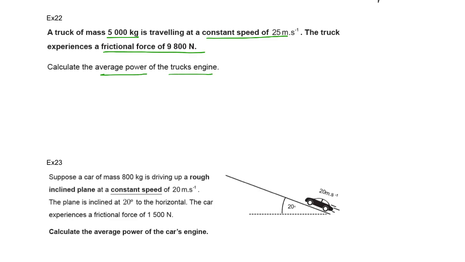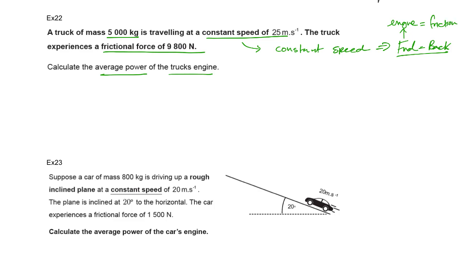So when I'm looking at this, I understand that I've got a constant speed. A constant speed tells me that my forward force is equal to my backward force, which means that my forward force of my engine is equal to friction.